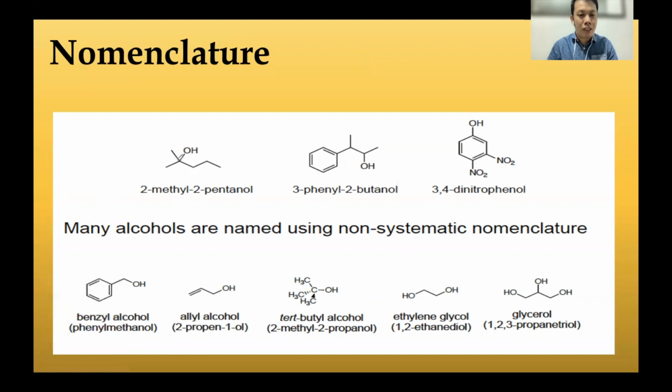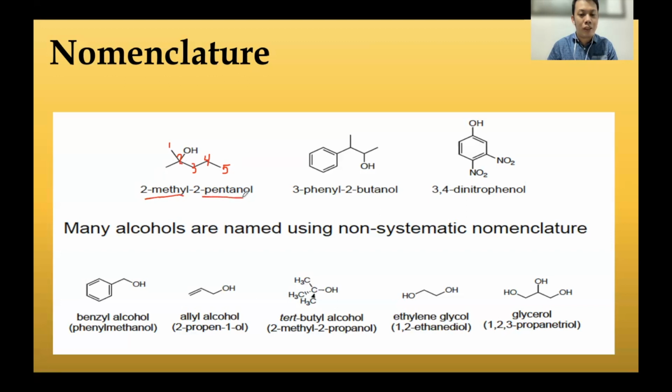You have here the OH near the left side, so this will be your first carbon, this will be your second carbon, third, fourth, and then fifth carbon. The methyl is attached, and there's only one, so 2-methyl, and then the OH is found at the second carbon.